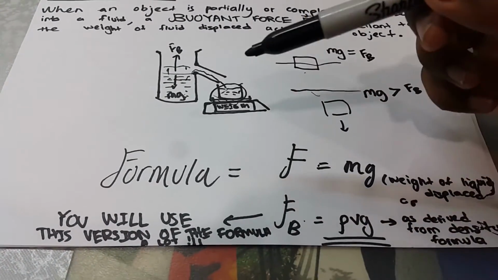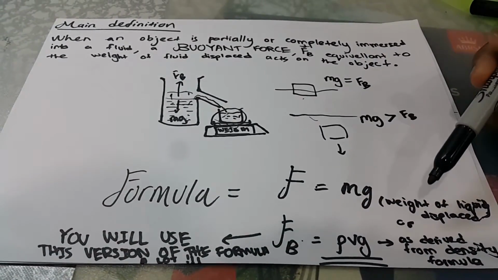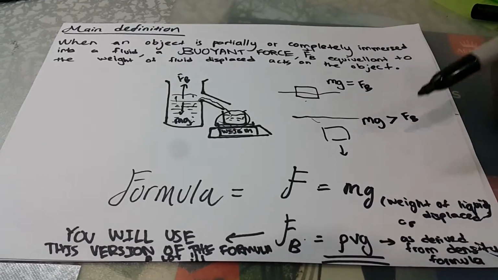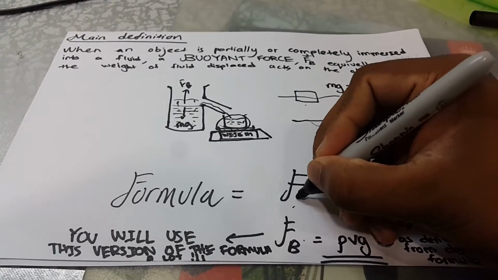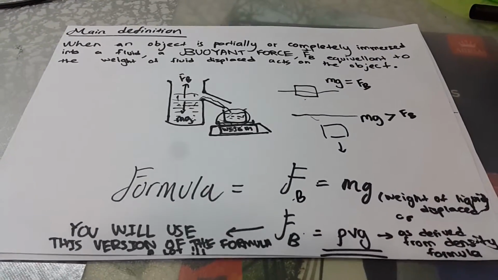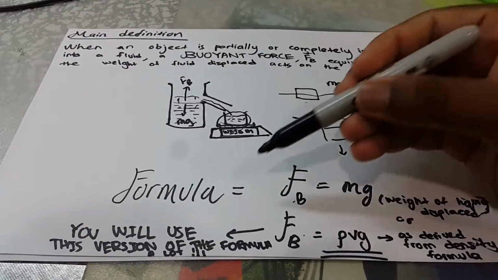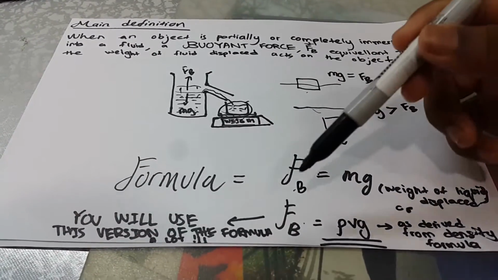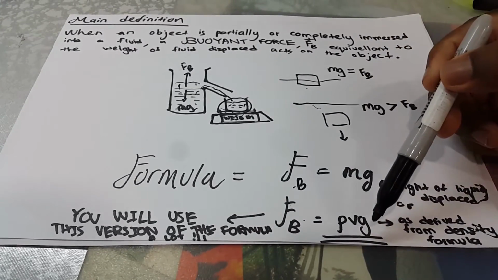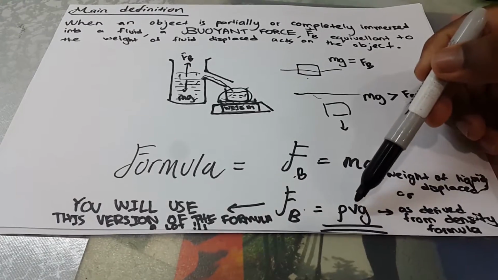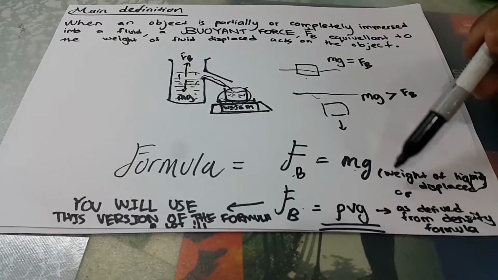The main formula in this subtopic is F equals mg, which you always see in the books. The mg refers to the weight of the liquid displaced, and this is the buoyant force. But usually, when you're doing calculations, you use this version of the formula, which I'm pretty sure your teacher would have taught you also: buoyant force equals rho Vg. The rho V comes from the mass, using the density formula.